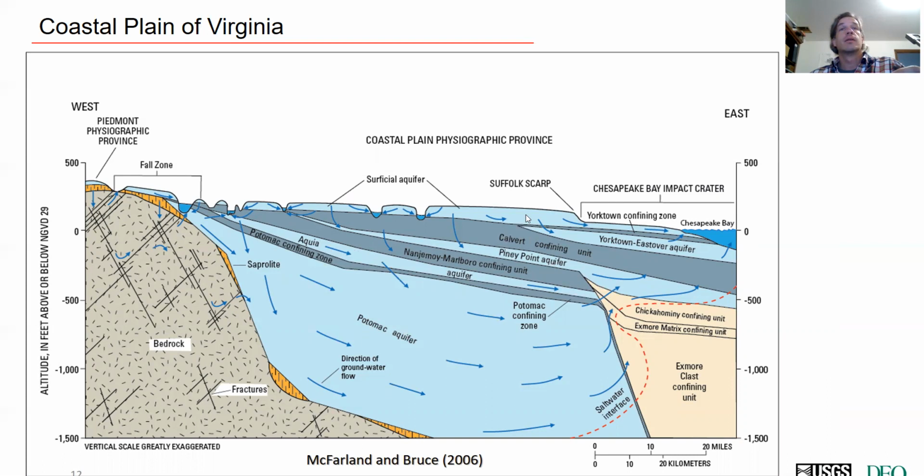Then migrate on up to the surface. And one thing you notice here is that the Chesapeake Bay Impact Crater is actually capped by the Piney Point, the Calvert, Yorktown, Eastover. That means these materials were deposited after the impact. So for a long time, people had no idea this crater was here, but it is, and it's one of the biggest impact features in the world.